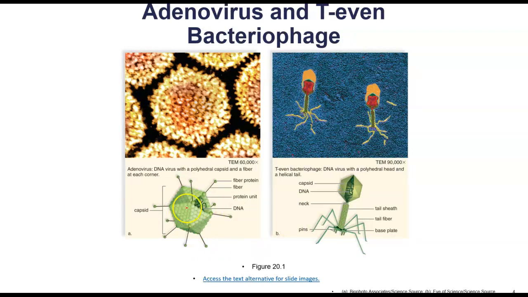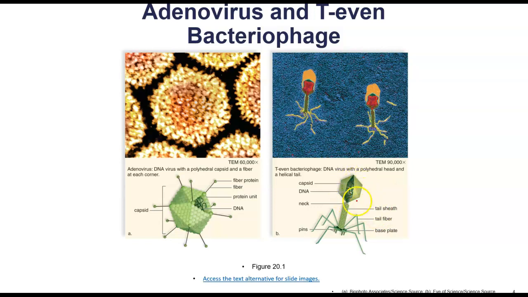Then we have the adenovirus, which is a virus that has a DNA core and then a capsid. And then we have a bacteriophage, which is a virus that infects bacteria. To me, these bacteriophage viruses look like spaceships, but there's DNA in the core.